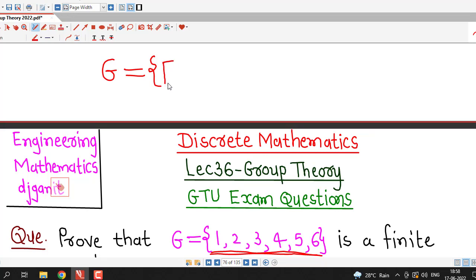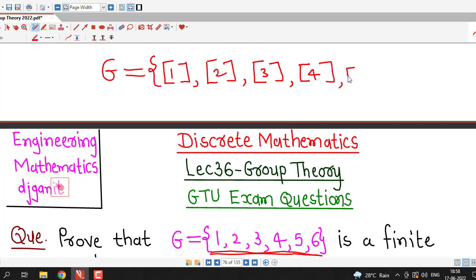Instead of integers we have equivalence classes generated by 1, 2, 3, 4, 5 and 6. So our set is this set of equivalence classes, and on this set we are given the binary operation multiplication modulo 7.